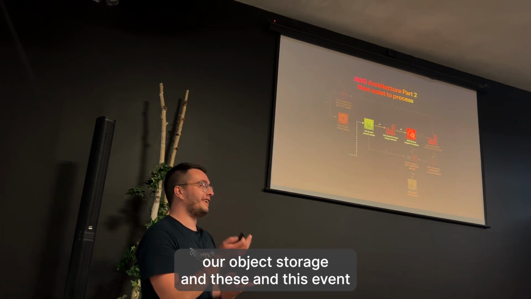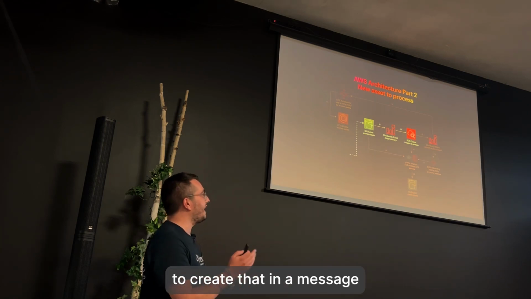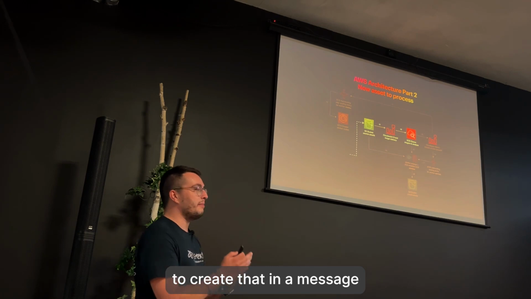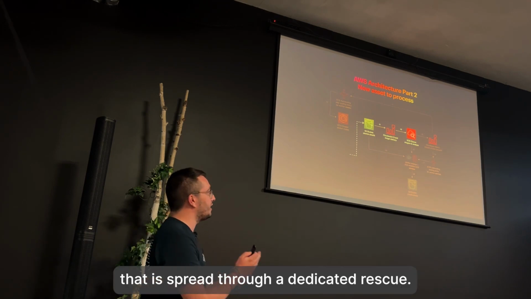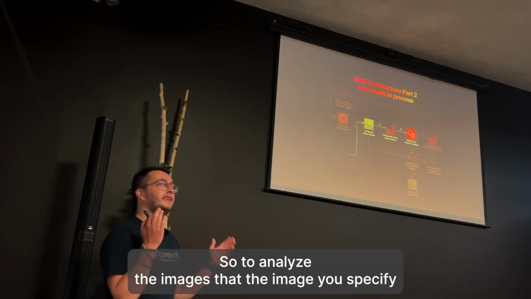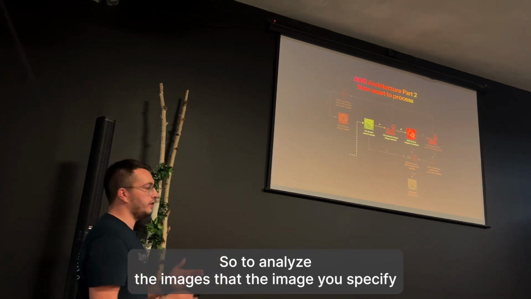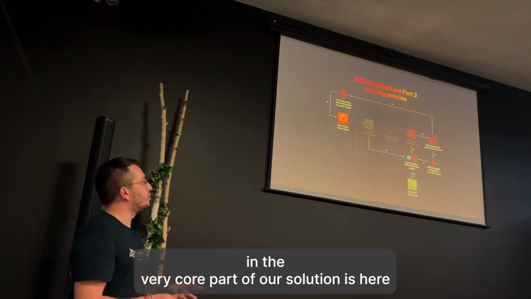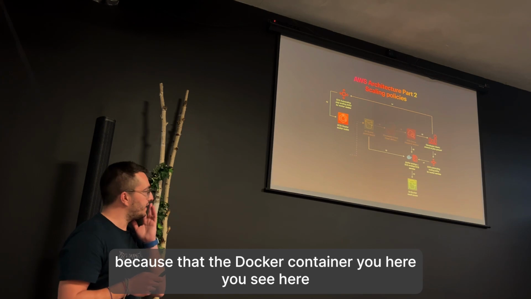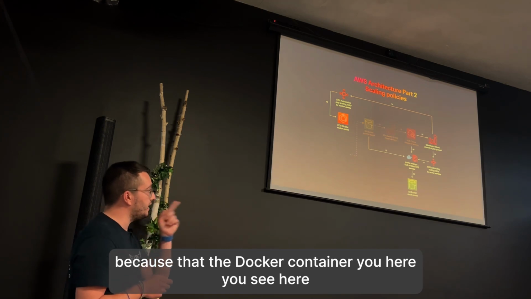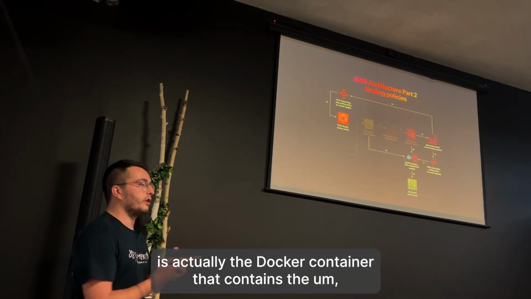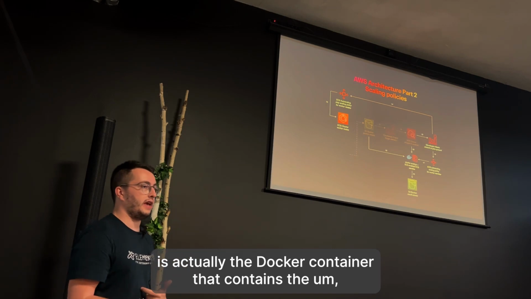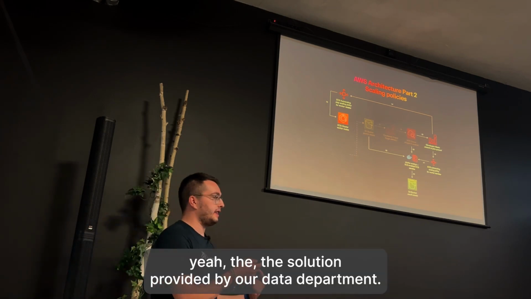And this event creates a message that is spread through a dedicated SQS queue, to analyze images, that image in specific. And the very core part of our solution is here, because the Docker container you see here is actually the Docker container that contains the solution provided by our data department.